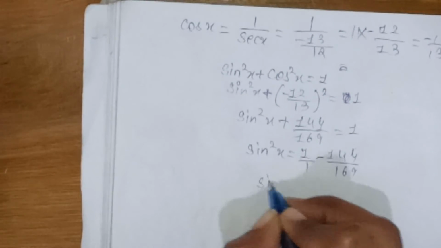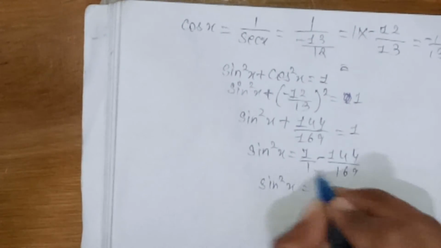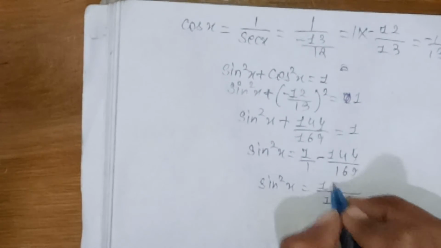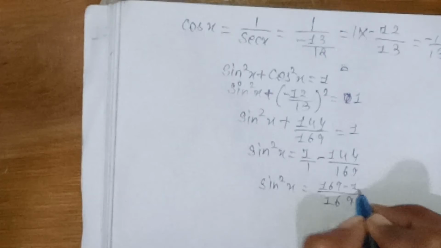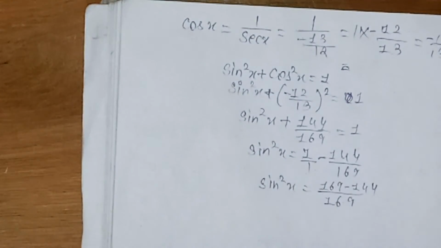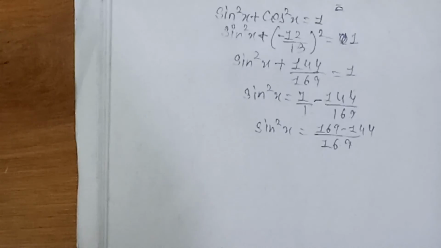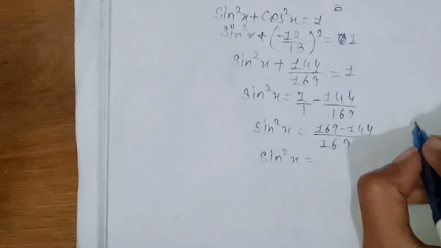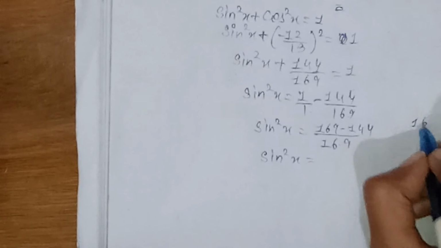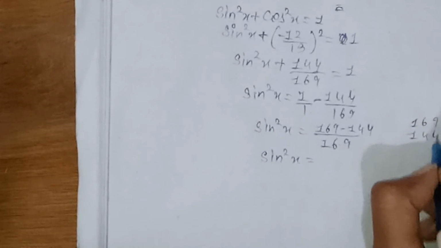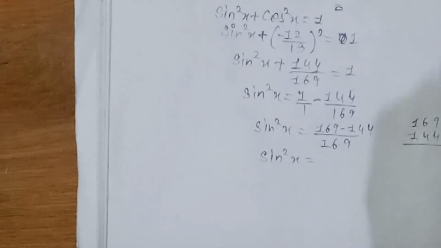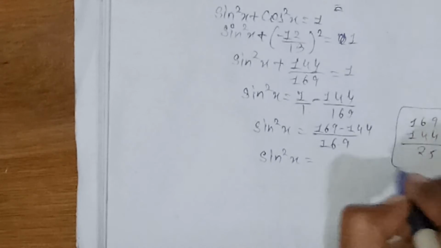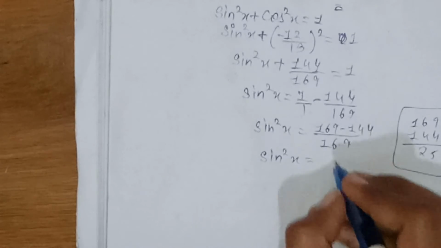Sine square x is equal to 1 minus 144 by 169, and the LCM is what? 169. 169 minus 144. So when we subtract, 9 minus 4 is what? 5. 6 minus 4, 2. 2 minus 1, 1. So the answer is 25.